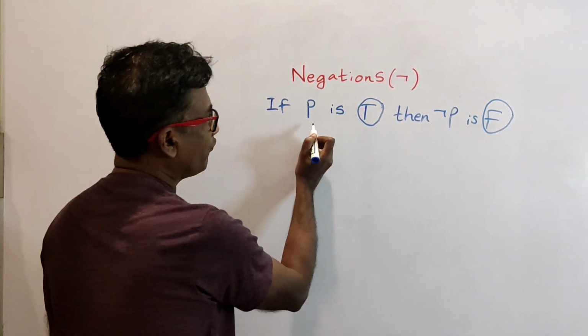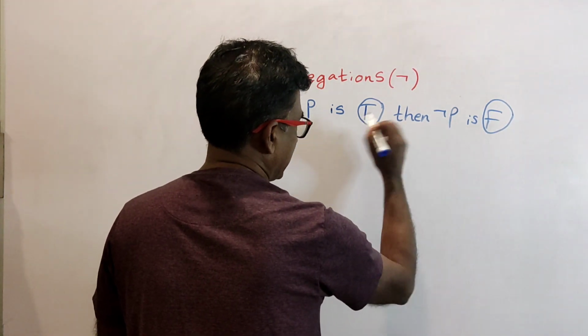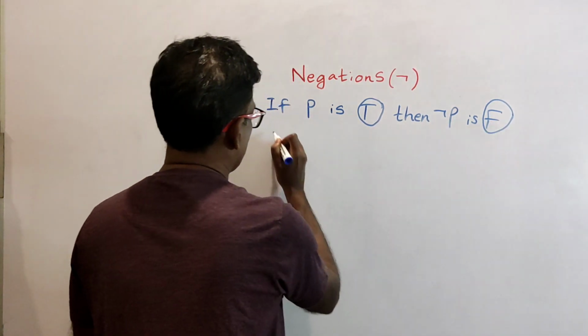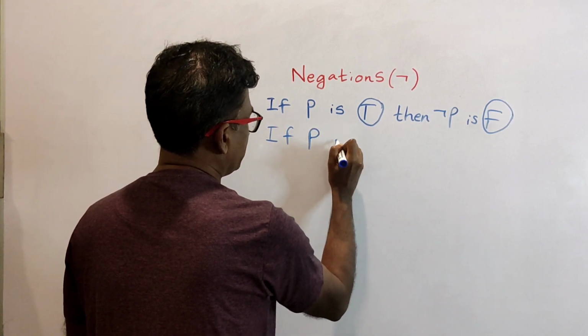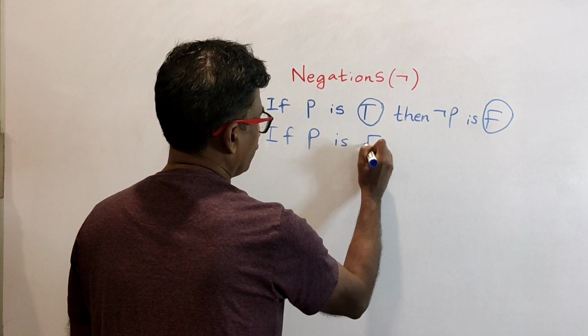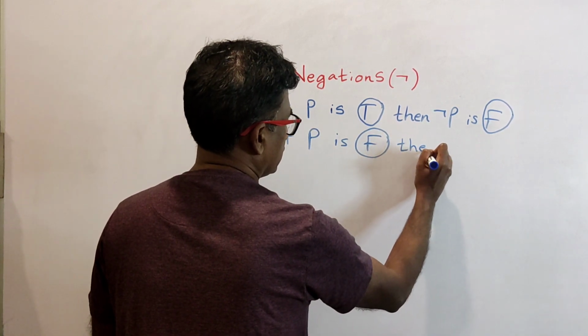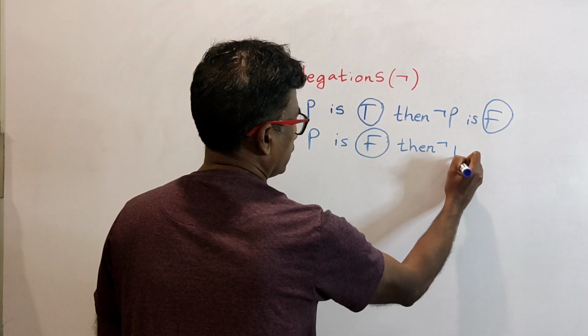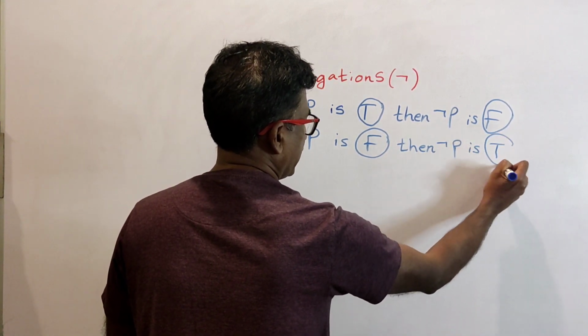If the truth value of P is true, then the truth value of not P, its negation, is false. If the truth value of P is false, then the truth value of not P is true. This is common sense, right?